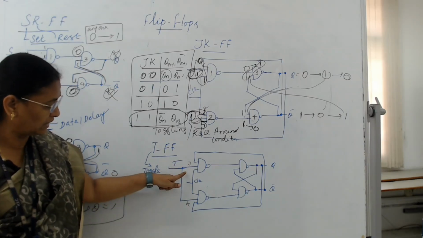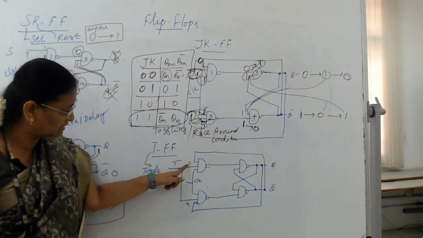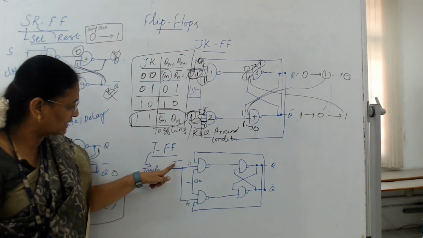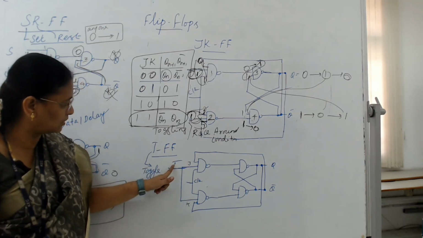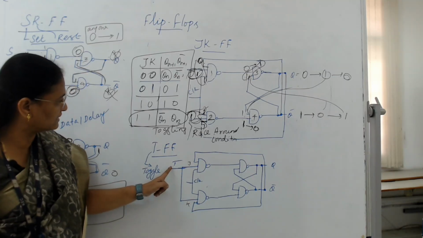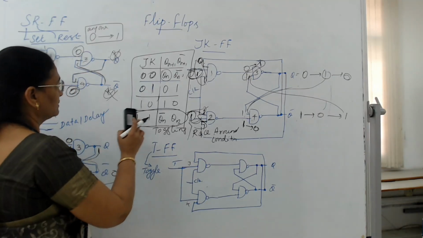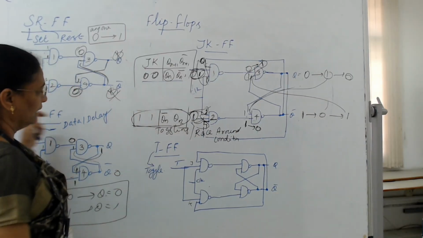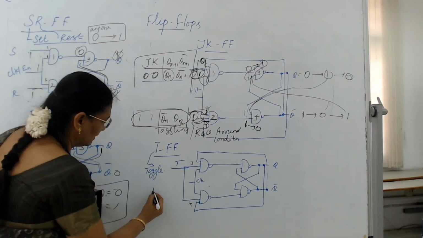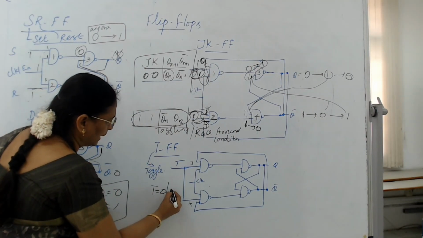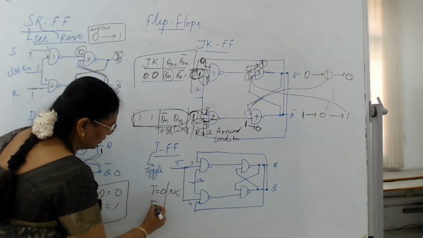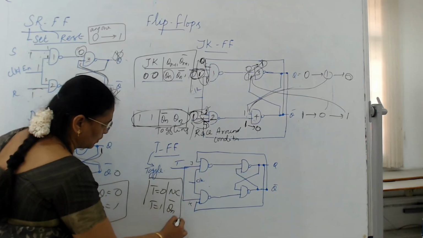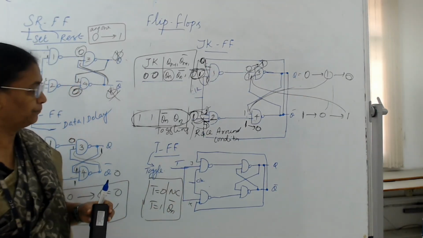But in the case of the T flip-flop, J and K are the same, and we call it T. If JK is 0, T is 0. If JK is 1, T is 1. So these two cases will not come in the case of the T flip-flop. If T is equal to 0, there is no change. If T is equal to 1, then toggle has to be done, Qn bar. That's all. This is the toggle flip-flop.